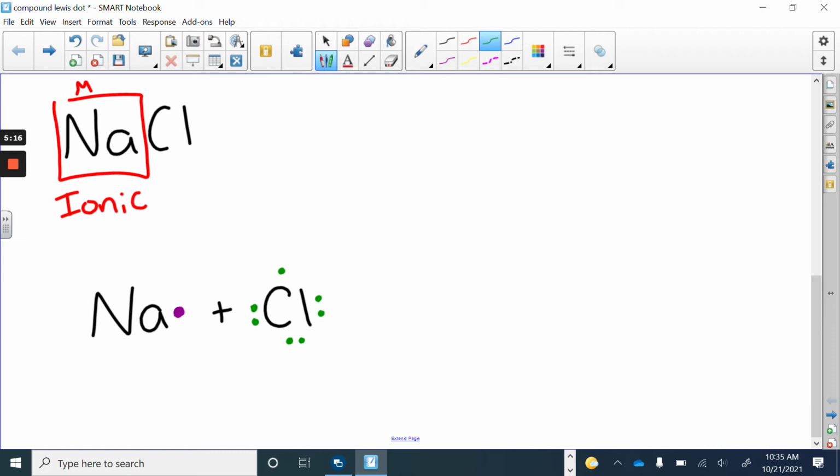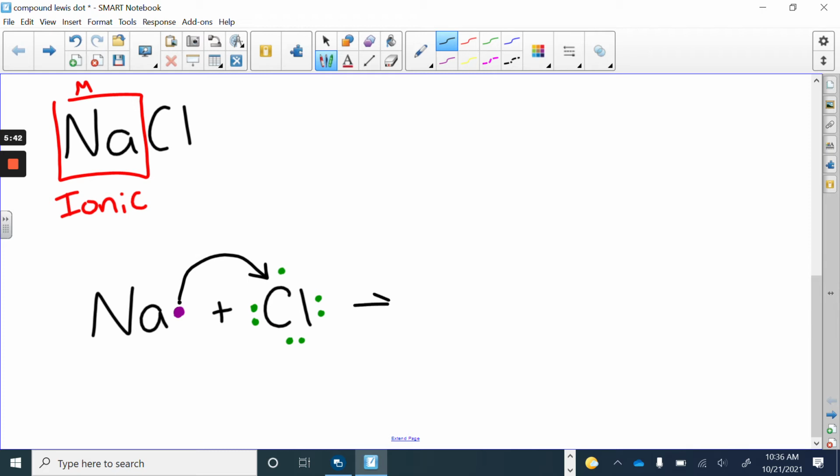So I said that in ionic bonding we are transferring electrons. So the sodium, which is the metal, will transfer its electron to chlorine. To show that transfer, you need to draw an arrow from the valence electron on sodium over to the vacant spot on chlorine, or to the valence electron that is not paired up.